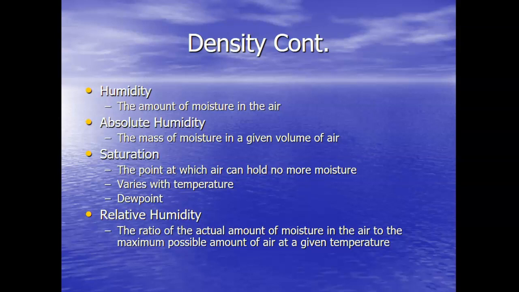Relative humidity is the ratio of the actual amount of moisture in the air to the maximum possible amount of moisture that air can hold. So when you hear the term 70% humidity, that's relative humidity. That's the ratio of the amount of moisture that's actually in the air to the maximum amount possible at a given temperature.